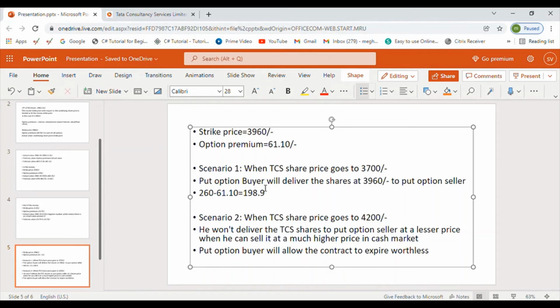The put option buyer earlier paid an option premium of 61 rupees 10 paise to the put option seller, so he will lose that 61 rupees 10 paise per share. That's his loss, and the put option seller will keep that premium in his pocket. So this is how the put option seller gets the benefit.